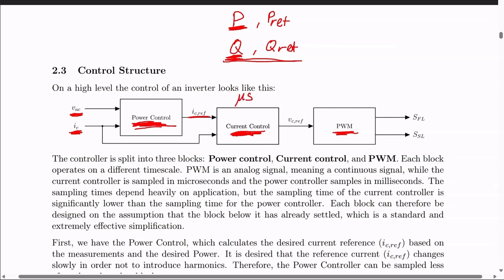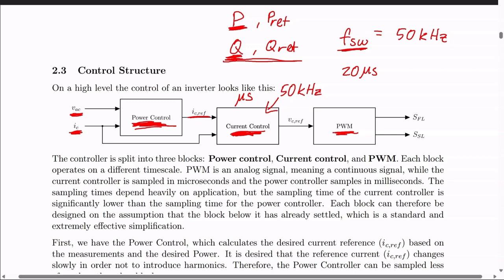For example, if you have a switching frequency equal to 50 kilohertz, a common approach is to sample this controller at the same rate as the switching frequency, so 50 kilohertz. This would mean sampling the controller every 20 microseconds.